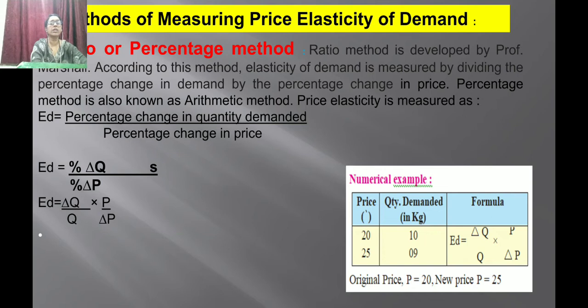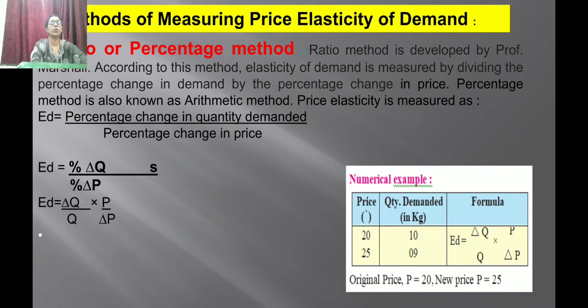It is 20. The change in the price: the new price is 25, so what increase happened in the price? 5 rupees increased. Accordingly, what is the decrease in the quantity demanded? 1.